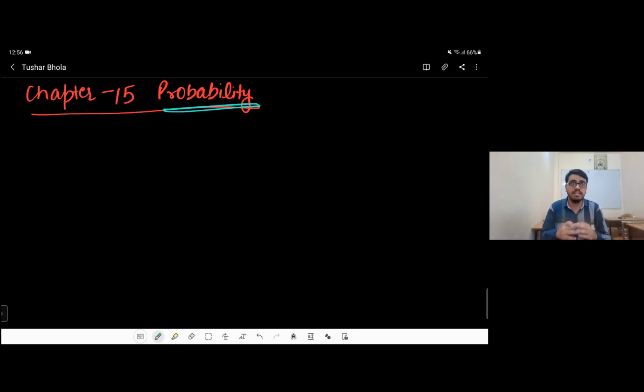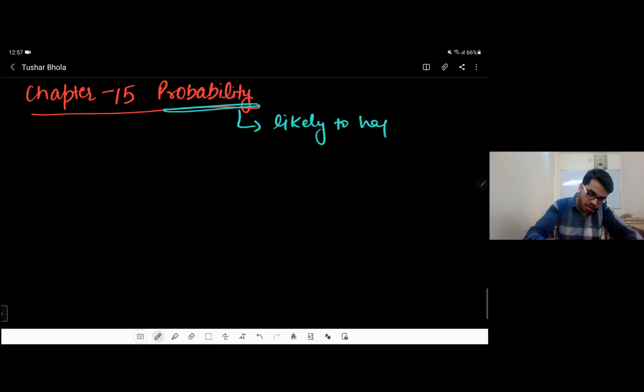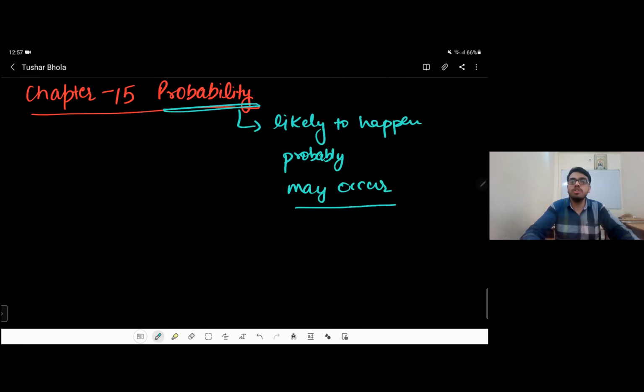Means we are imagining that this event is likely to happen, right? So probability means an event is likely to happen. You can say it may be possible, or may occur, may or may not occur. So in short, probability means occurrence of an event, or happening of an event.